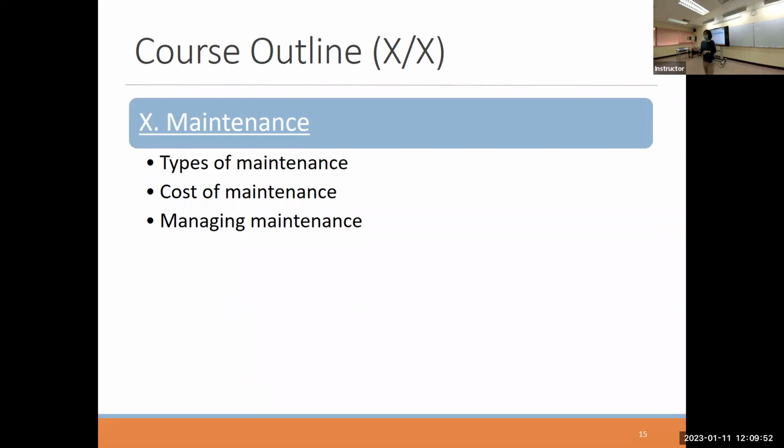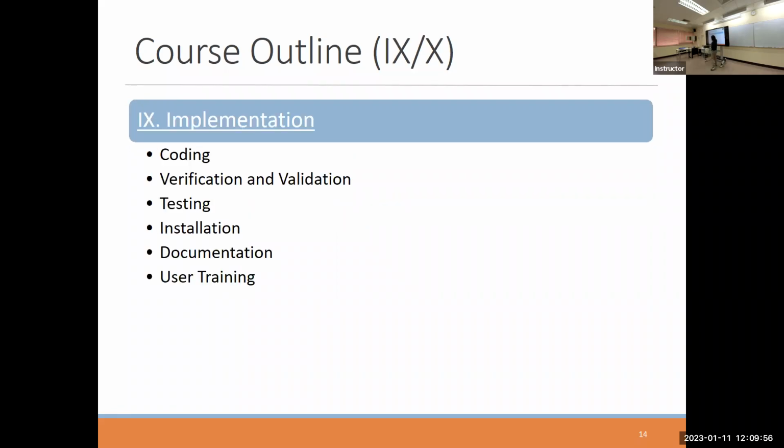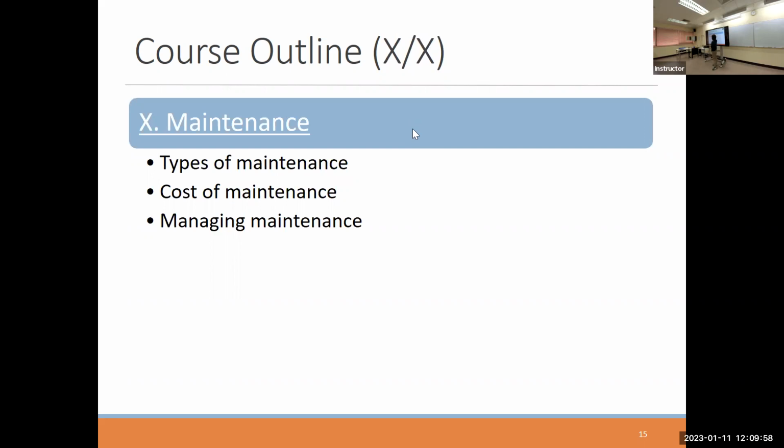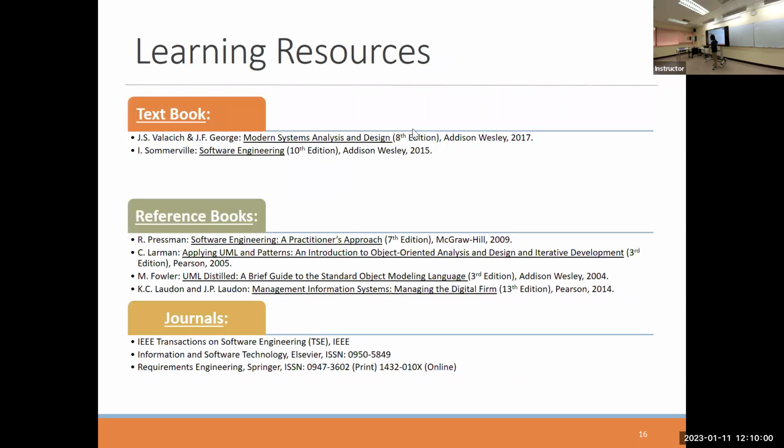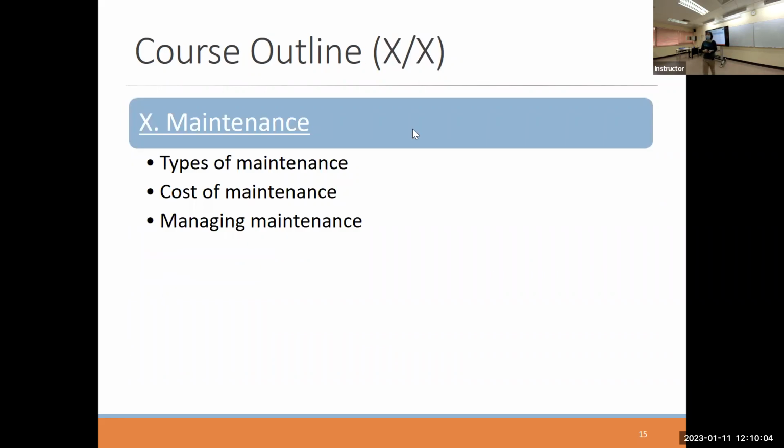And after it's finished, of course, it's under the implementation, maintenance, and then close down of the project. So those are all the 10 topics we will learn throughout this course. Okay, all the process from the starting point to the ending period of the project, information system project in short.